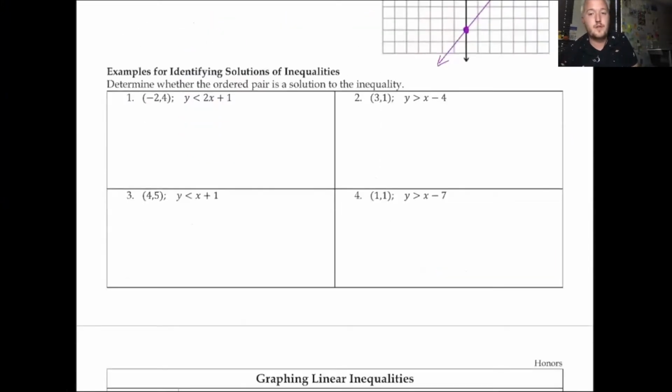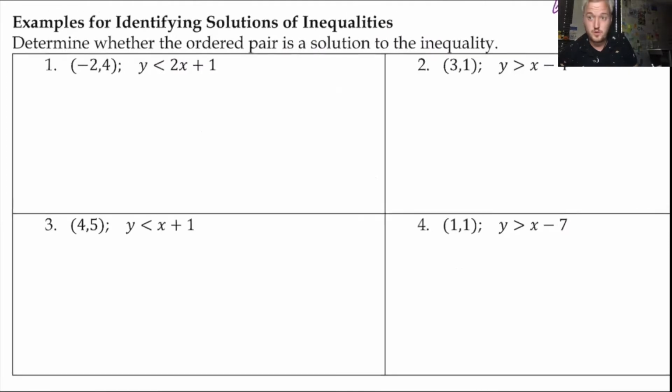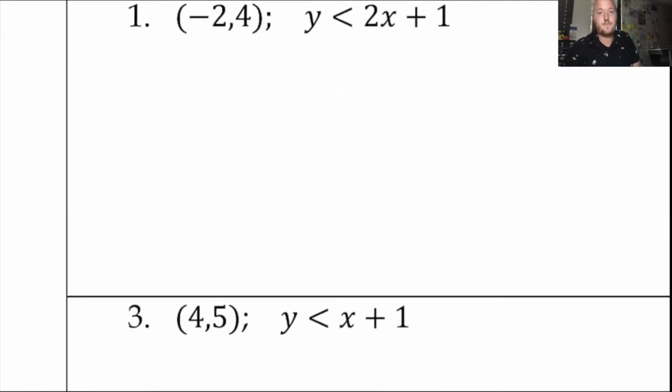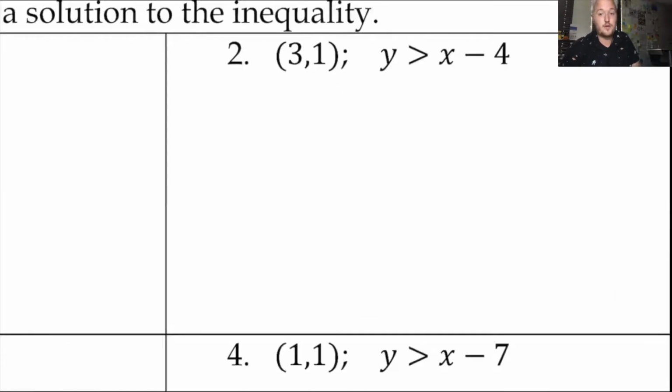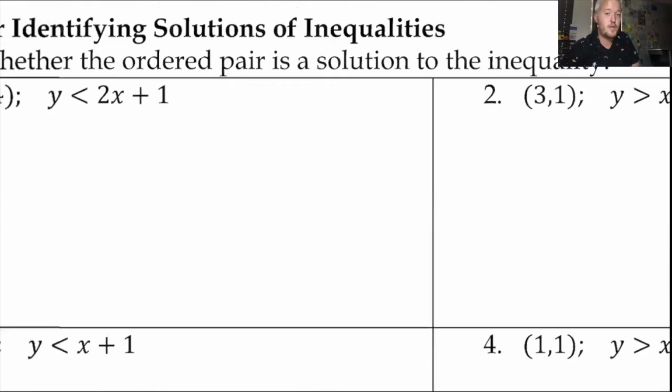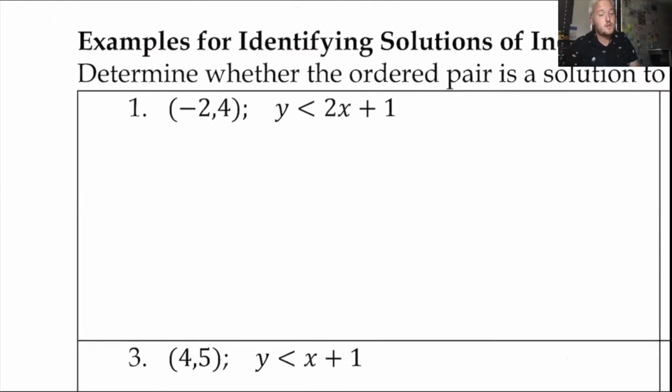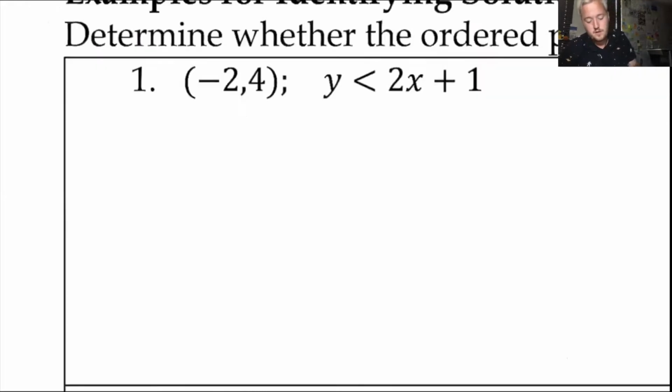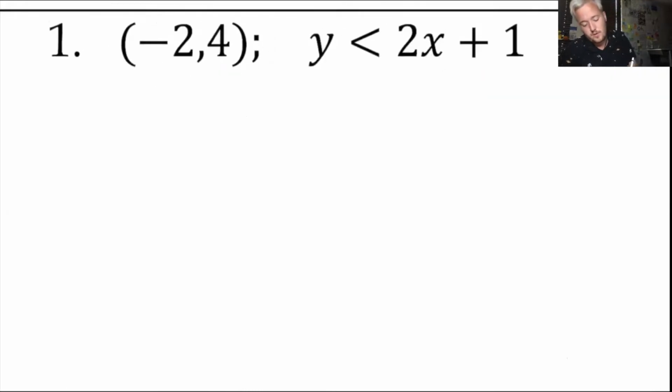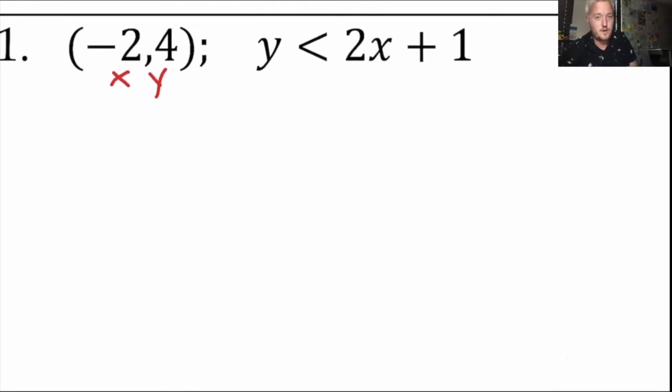All right, so with inequalities, we actually want to determine a solution. In this case, I'm given a coordinate and some sort of inequality, and I want to determine if that point is a solution. For it to be a solution, you have to produce a true statement. If it's not a solution, it will produce a false statement. So I'm going to take this x and y and plug it into their respective areas.